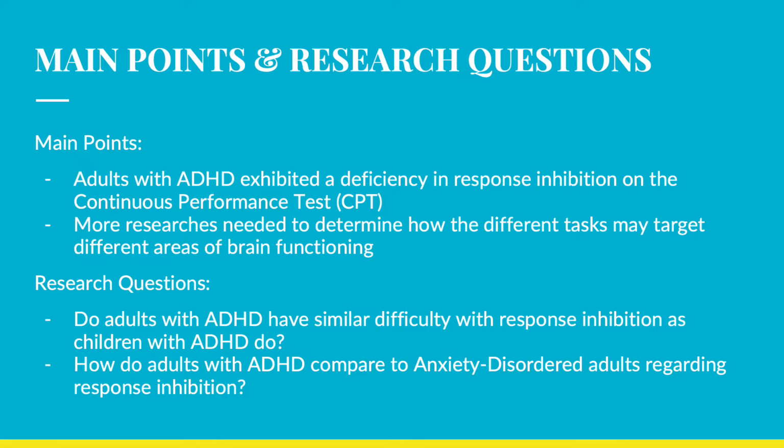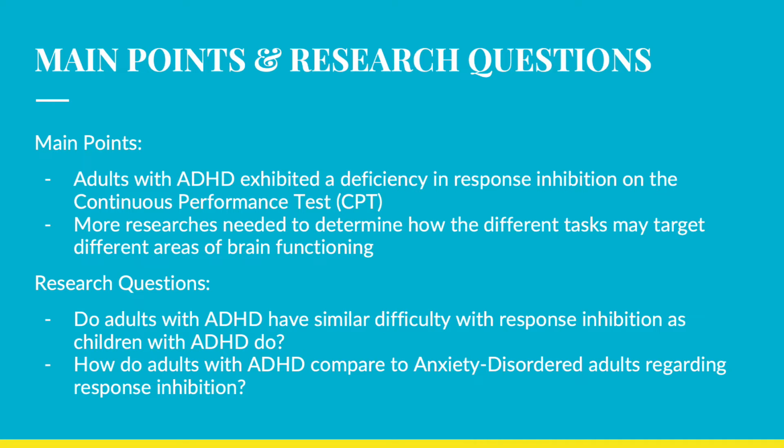The article reviewed today showed that adults with ADHD exhibited deficits in response inhibition on one of the three neuropsychological tests given. The test in question was the Continuous Performance Test, or CPT. This test measures the participants' sustained and selective attention, so it was expected that those with ADHD would perform more poorly than the other two groups tested.